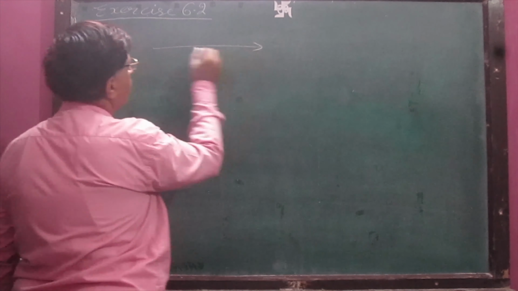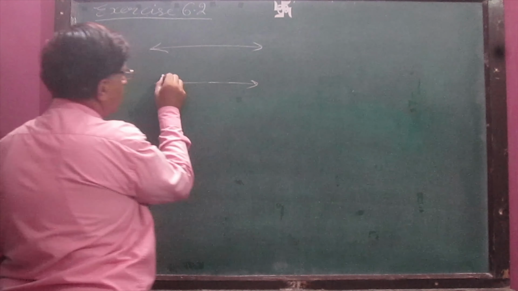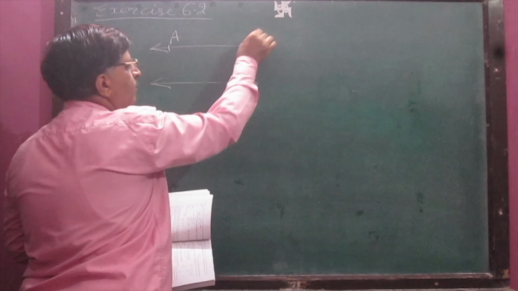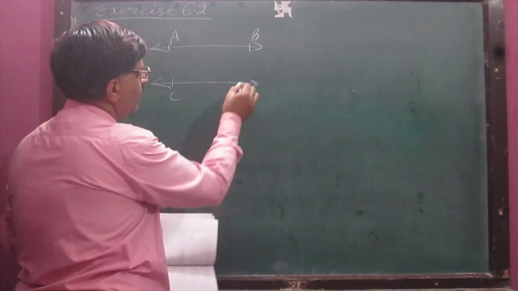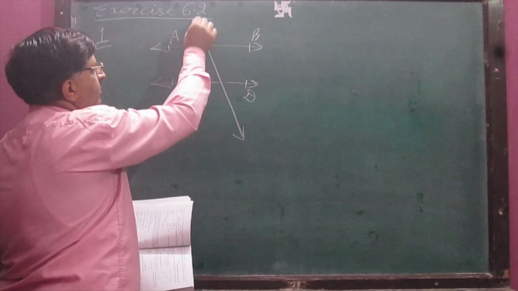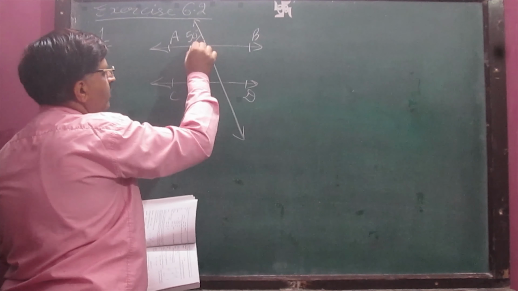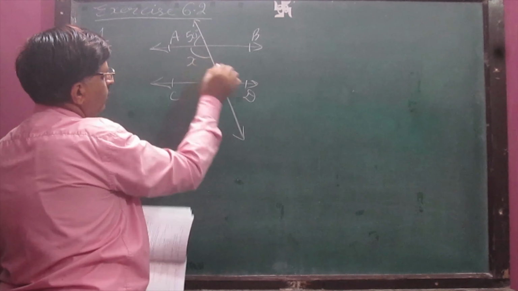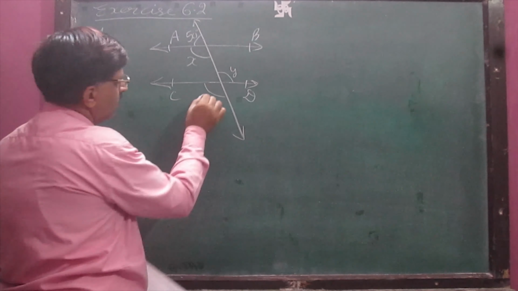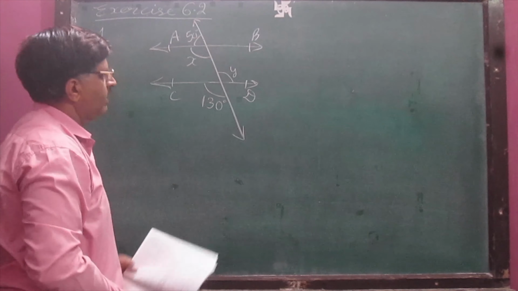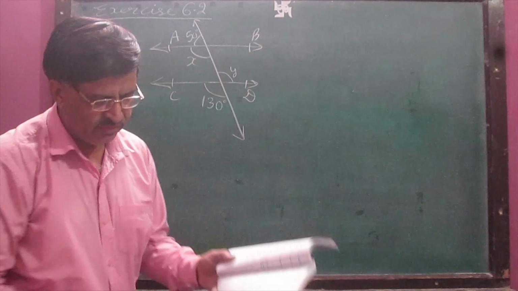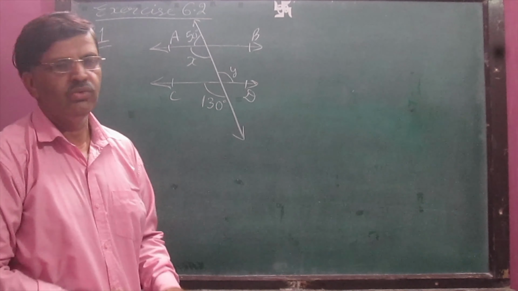Two lines are given, not parallel initially, but it is to be proved that they are parallel. The first line is AB, the second line is CD, and the transversal line is such that this angle is 50 degree, this angle is set to be X, this angle is set to be Y, and this angle is 130 degree. Now find the values of X and Y, then show that AB is parallel to CD.